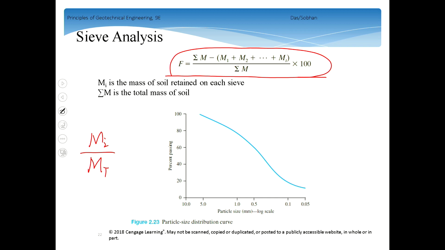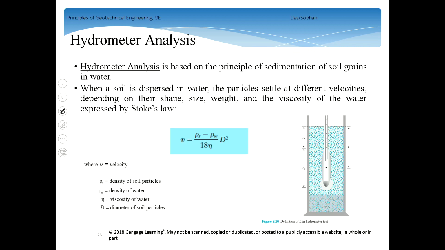So you know the x-axis and y-axis, and then you can plot the particle size distribution curve based on sieve analysis. Later we will give you an example to see how to plot the PSD curve. And then we move on.